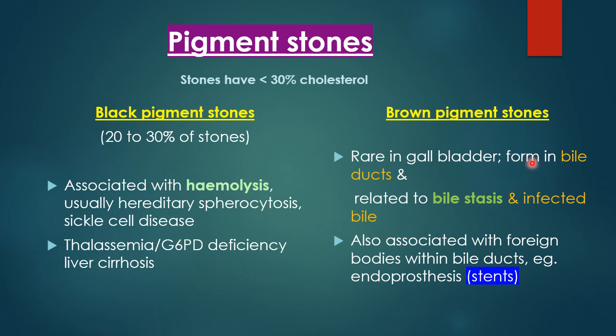They form primarily in the bile ducts, and they are related to bile stasis and infection of the bile. Predisposing factors are bile stasis and infection of the bile. They are also associated with foreign bodies within the bile ducts, for example, endoprosthesis. The placement of a prosthesis in the bile ducts in ERCP predisposes to the formation of brown pigment stones.